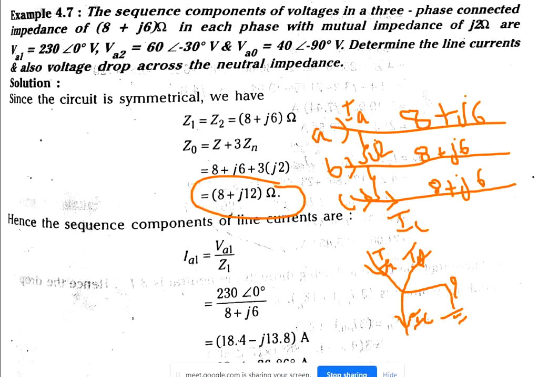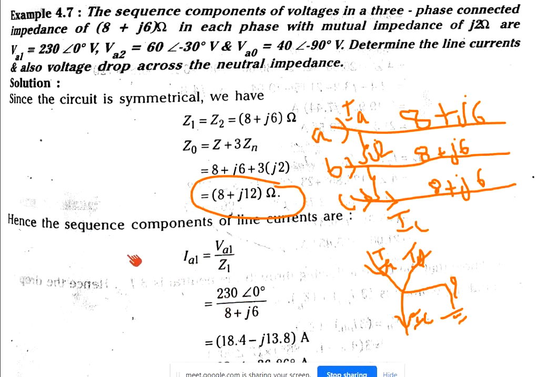Now I need to find the sequence components of line currents. To find IA, IB, IC, you know IA equals IA0 plus IA1 plus IA2, and IB equals IB0 plus IB1 plus IB2. But we will represent IB in terms of a squared and a.